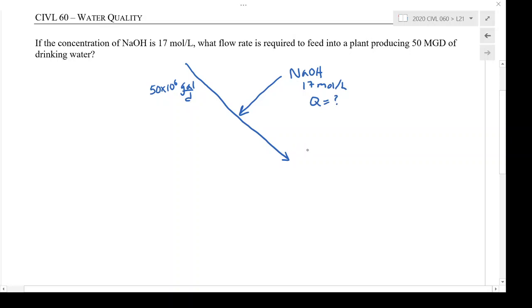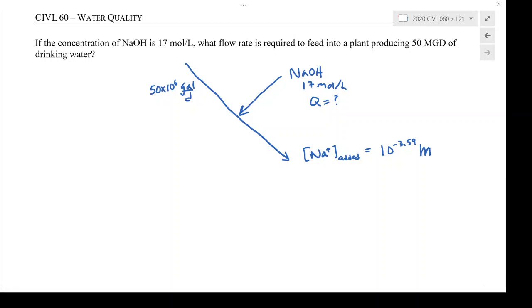And we have a target sodium hydroxide concentration that we solved for in the last video, and that is 10 to the minus 3.59 molar.